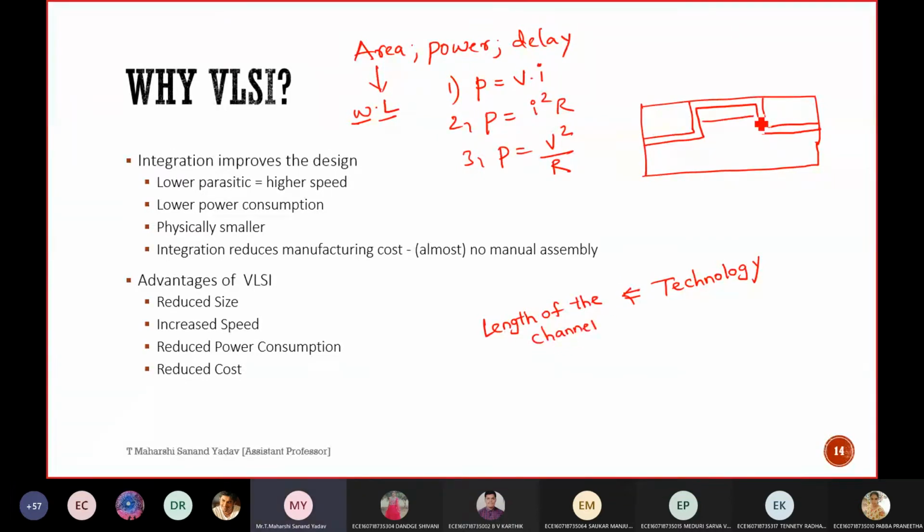See, from here to here, we call this one as length. Length of the channel can also be called as technology. In that, we'll see different kinds of technology like 22 nanometer technology, like this 180 micrometer, so on 8 nanometer. That's nothing but different technologies means different length of the channel between source and drain.